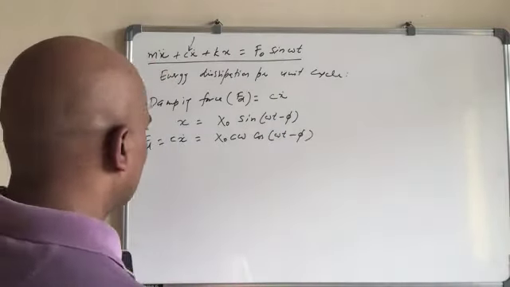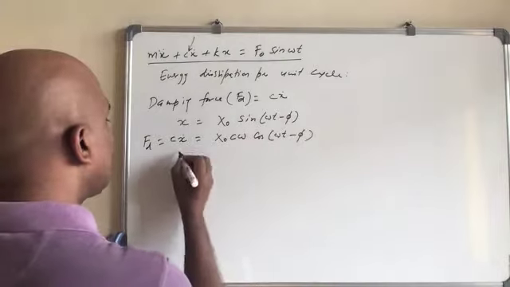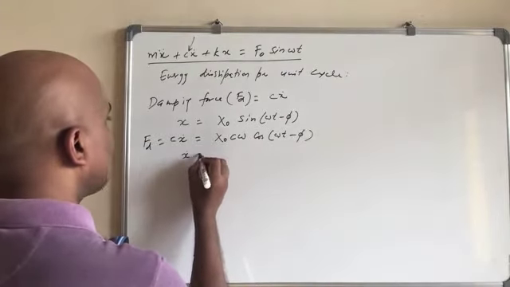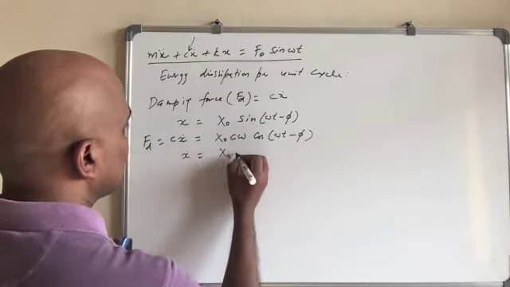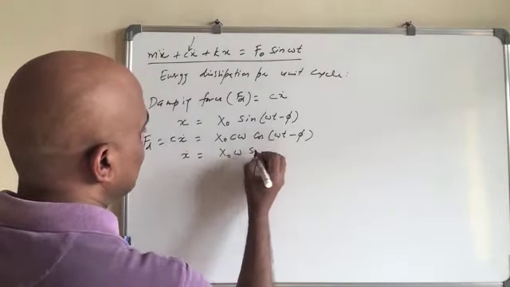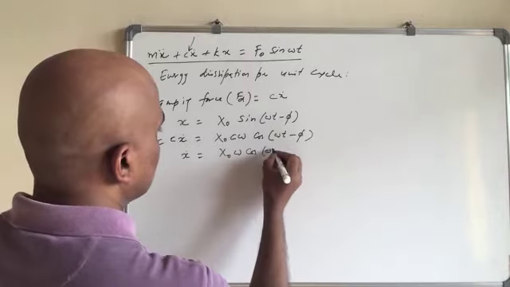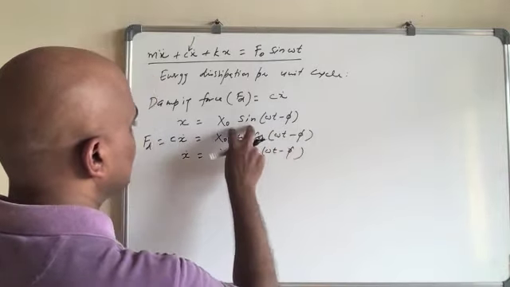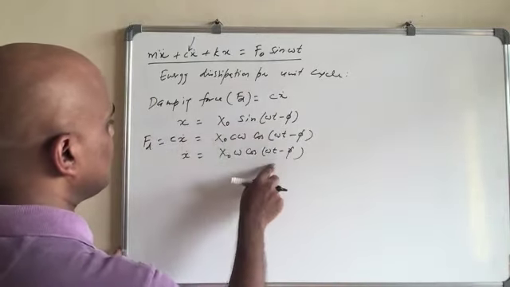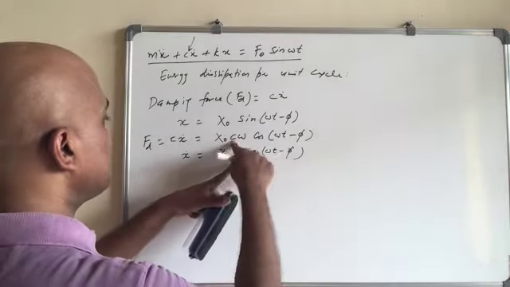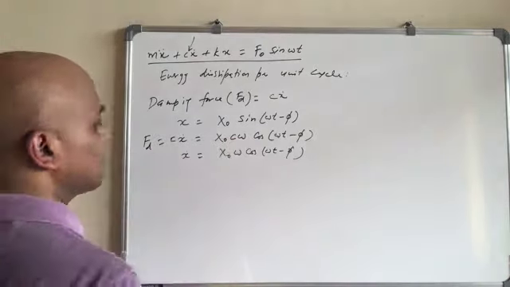This is because x dot is equal to x naught omega cos omega t minus phi. So differentiate this, we get this, then multiplied by c, we get this force.